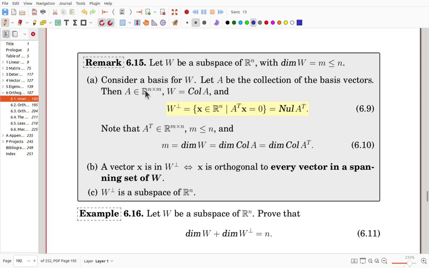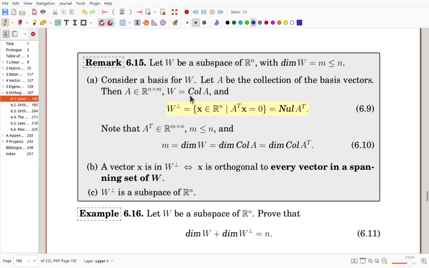There are n rows because each basis vector is in Rn, but there are only m columns, because the dimension of W is m, and W must be the column space of A.